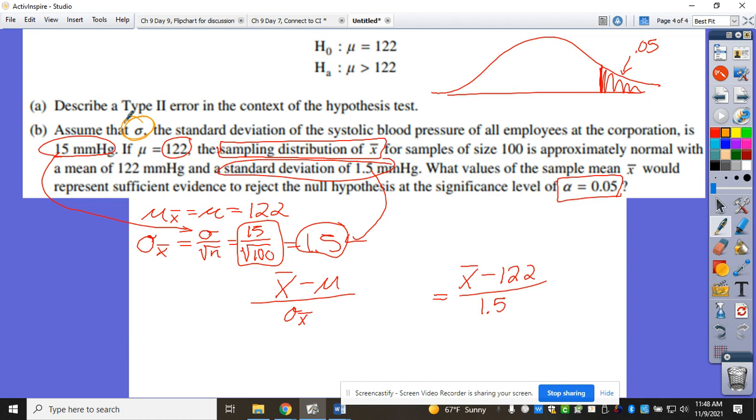If it is Z, and this top area over here is 0.05, then what is my cutoff line? So anything from this value would reject? Greater than. So I am seeing what x value would give me that, and then any x bar value above that would reject it.